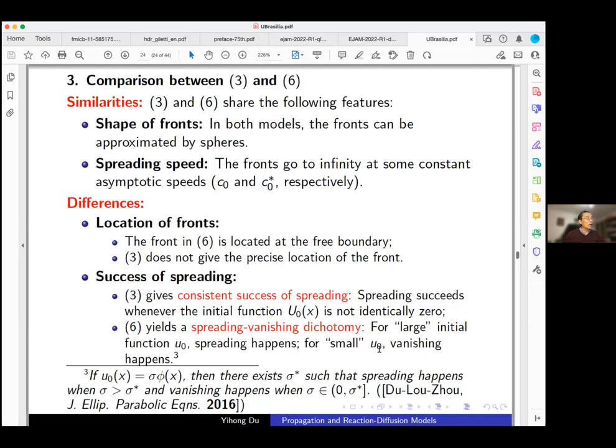If it's large, then it will spread successfully. Actually, if you choose this kind of initial function using sigma as a parameter, you can show there's a critical sigma star, so that for sigma less than or equal to this critical value, you have vanishing. For sigma greater than this critical value, you have spreading. This is joint work with Pendulum Law and Maureen Zhou from Nankai University.